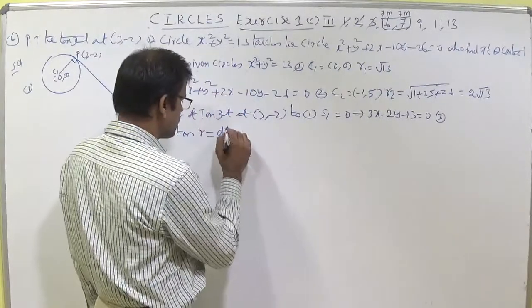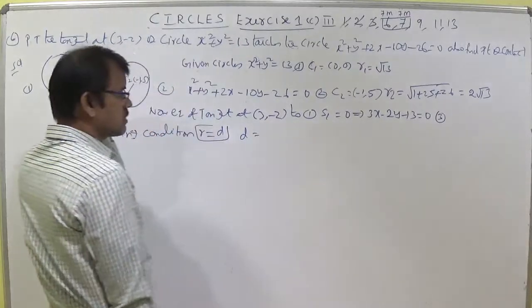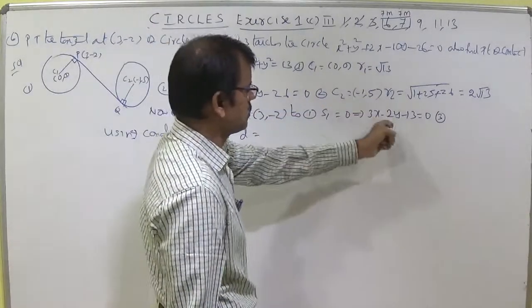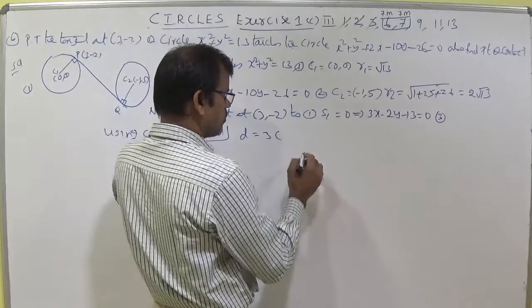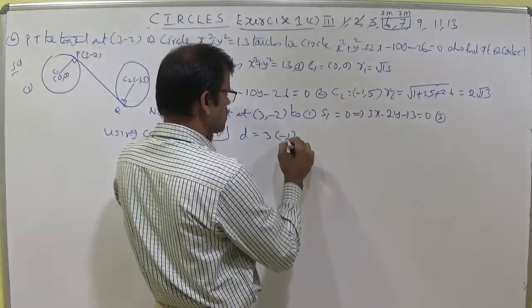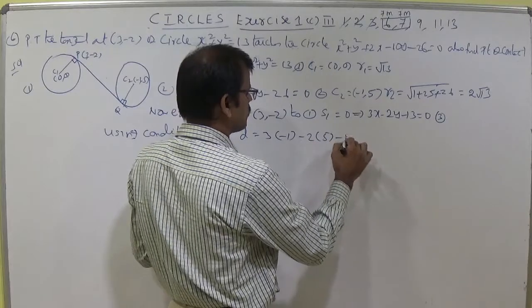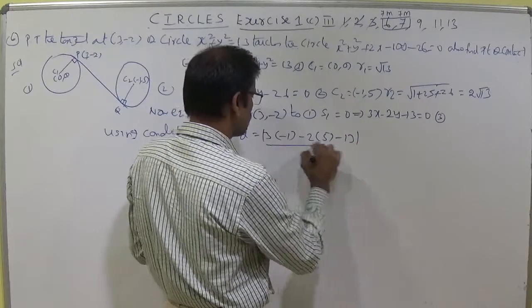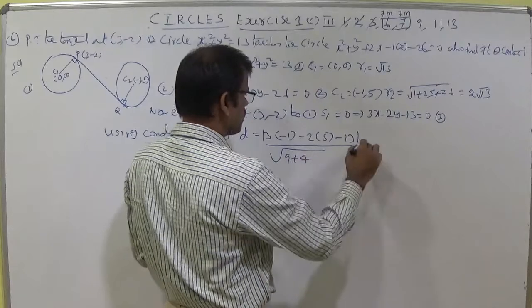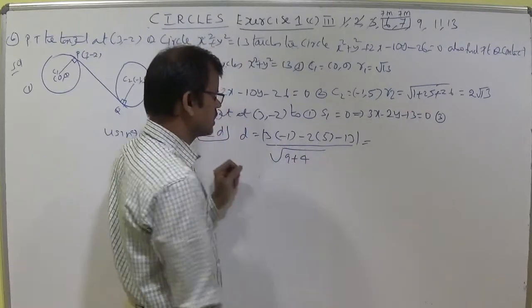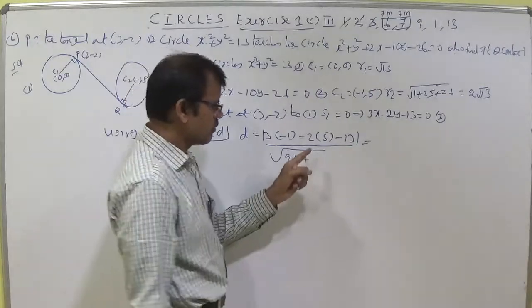Now using r is equal to d, I am writing d. D means the perpendicular distance from this center to this line, modulus of ax1 plus by1 plus c by root of a square plus b square. 3 into minus 1 minus 2 into 5 minus 13 over root of 9 plus 4. You can write here minus 3 minus 10 minus 13, that is minus 26.